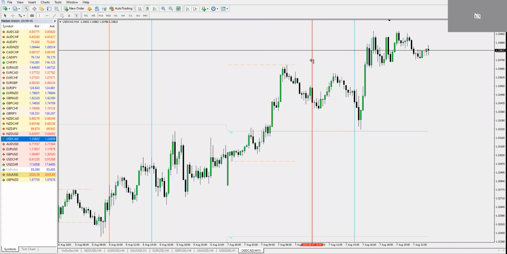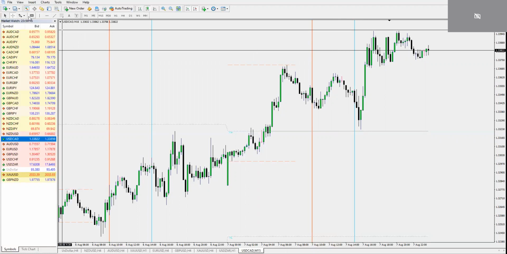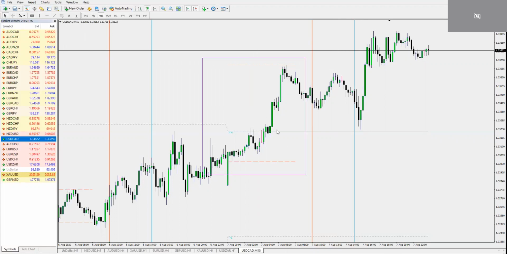This is the 10 a.m. kill zone because that is the time for my time zone. Your time zone will be different wherever you live. But these two, red and blue, are the London and the New York kill zones. And this little box sitting over here is our Asian range, where price trades through during the Asian hours, where most of the world is sleeping.